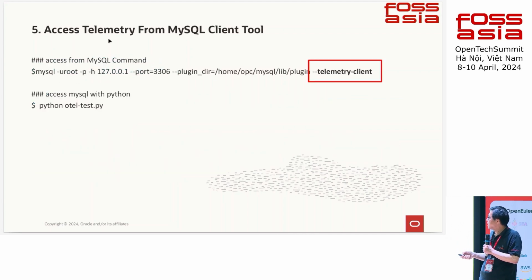When it has been done, you can access the database with a MySQL command, but specify that it is a telemetry client. It will use the telemetry library to collect the MySQL related information, which includes session information and statements, and feed it back to the telemetry monitor service like APM.